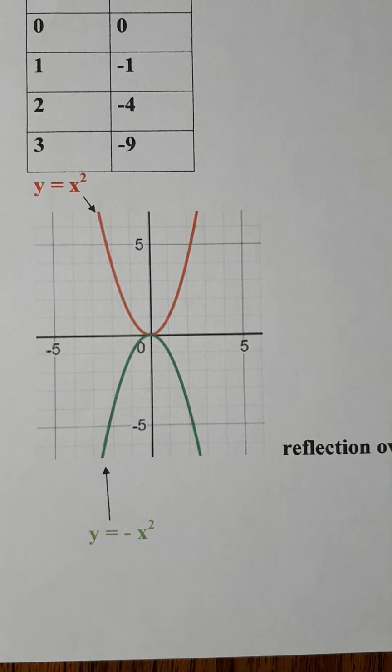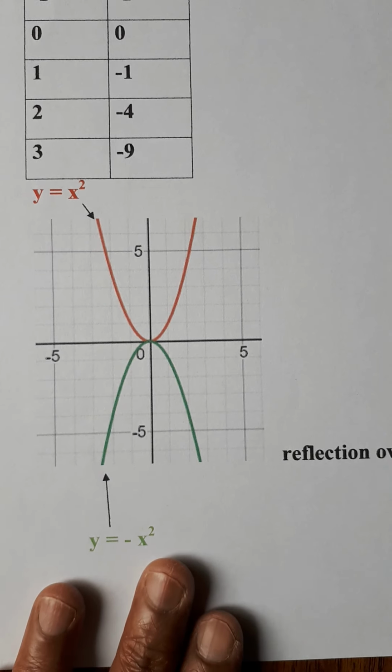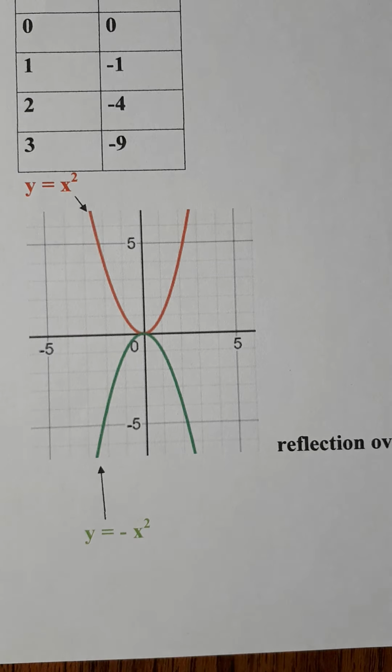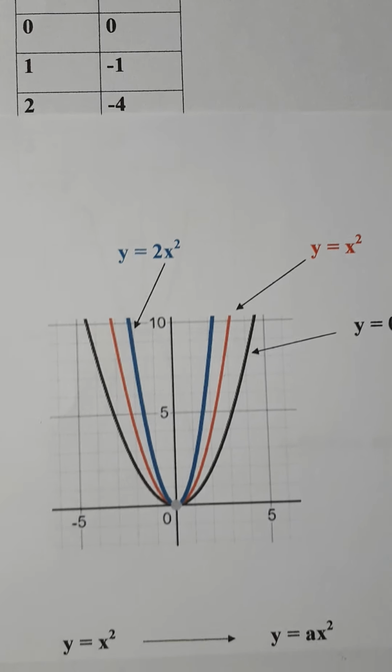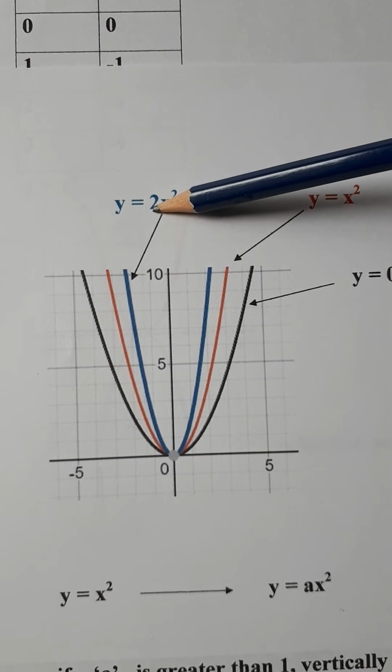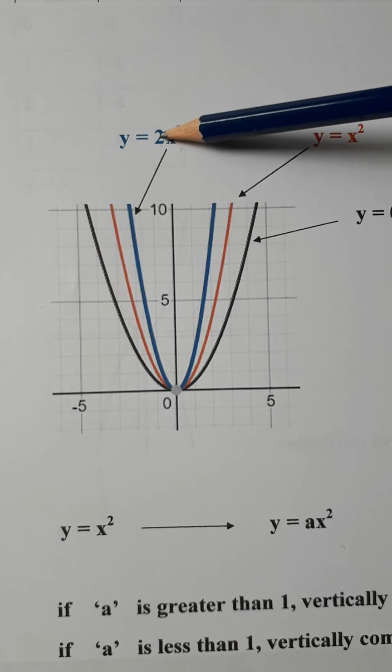Before I finish, I want to tell you that not only the y equals x squared graph gets reflected, if you put a negative sign in front of these, they will also get reflected over the x-axis.